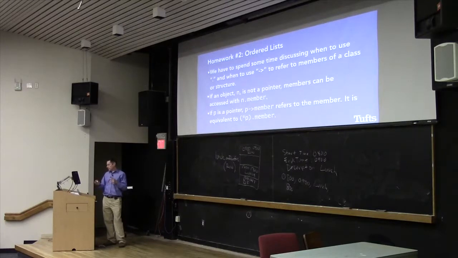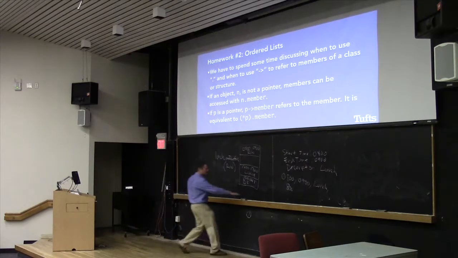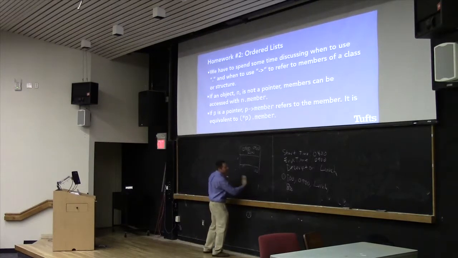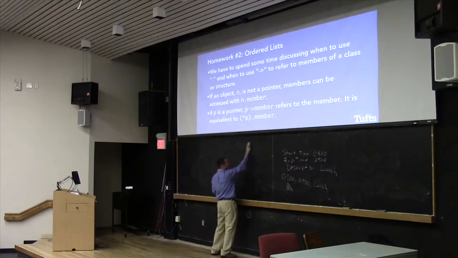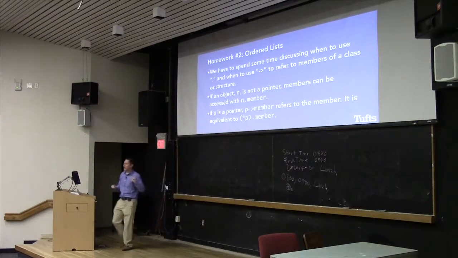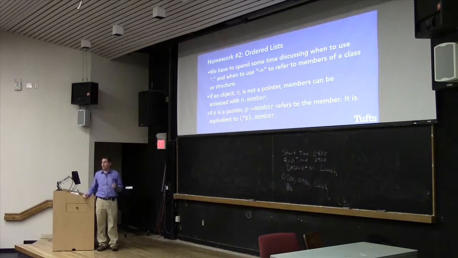Okay, a couple other things here. This is primarily for people who forgot how to reference pointers versus objects. I won't spend too much time on this. There's a different way to access the methods of an object, whether you have a pointer or the object itself. If you have the object itself, you use this little dot symbol.